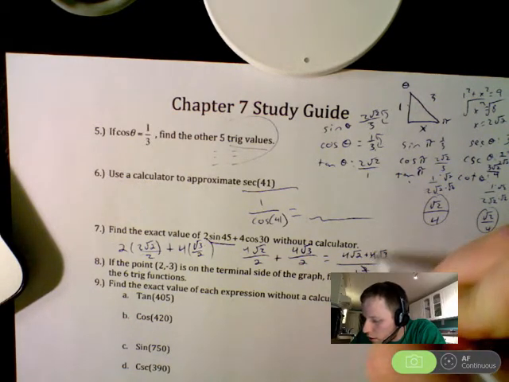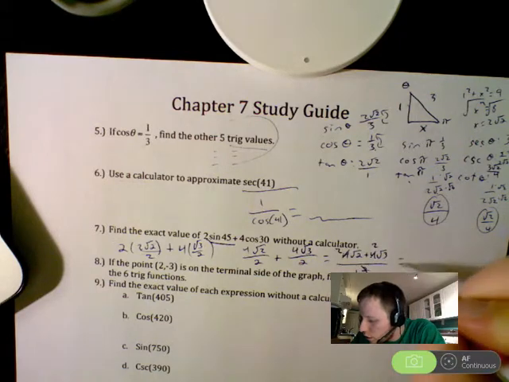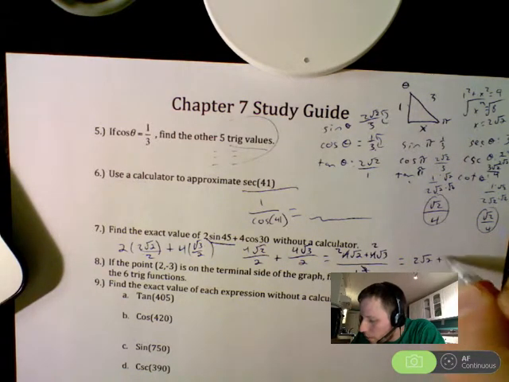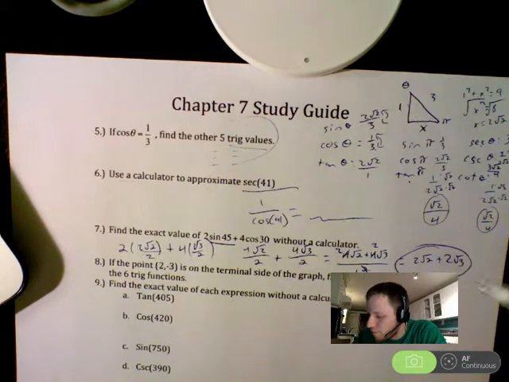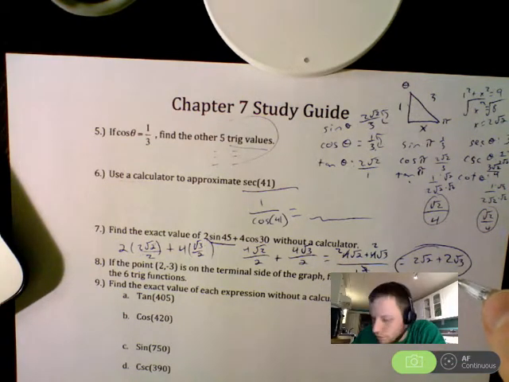This would be 1, 2, and 2. So we could really say this is 2 square root of 2 plus 2 square root of 3. And that's your final answer.